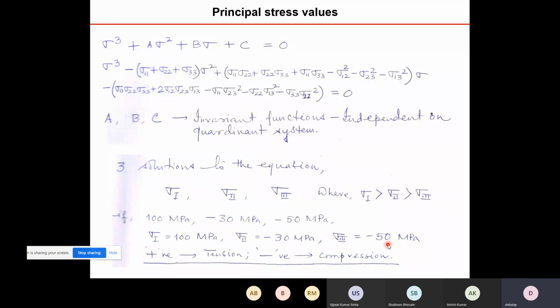Now, what is the beauty of this principal stress? Whatever be the loading in a body, you can represent it in terms of 9 stress components of the stress tensor, which contains 6 independent values. Similarly, in every body, there will be 3 mutually perpendicular principal planes having 3 principal stresses.